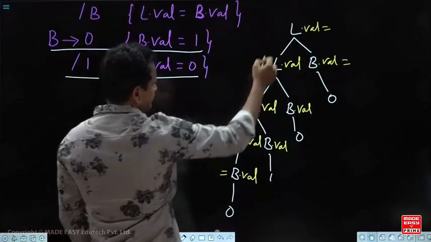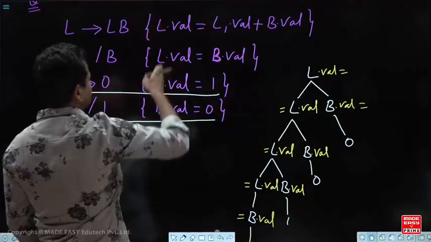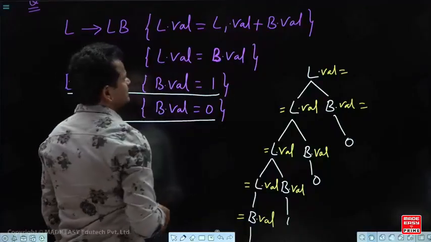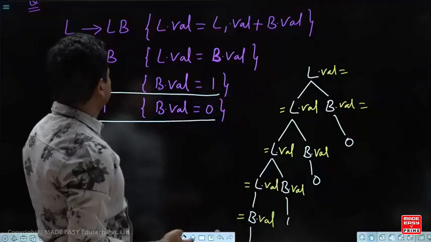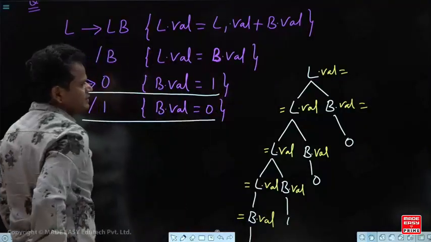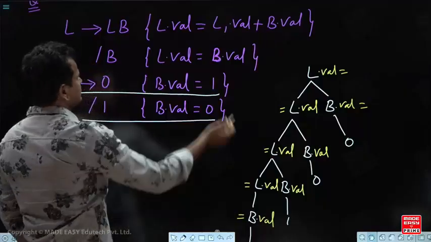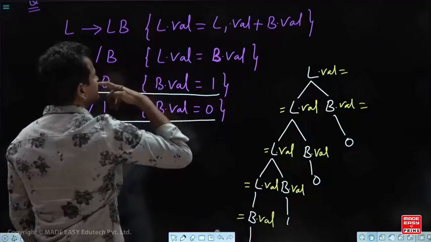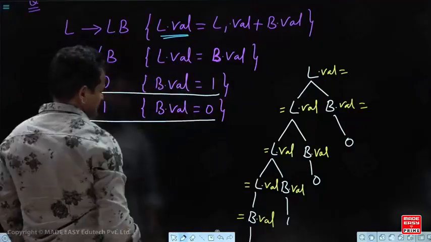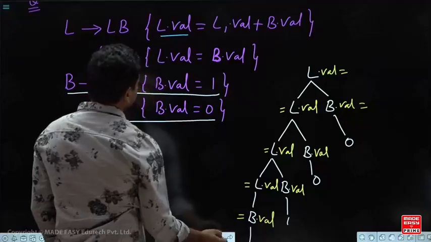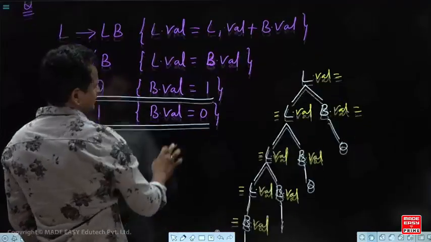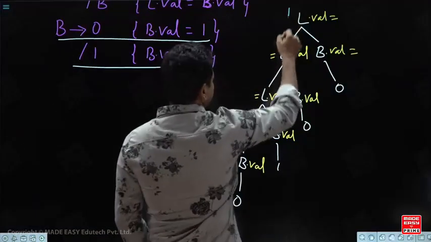One more thing, even though rightmost end, sometimes they may give you here B dot value equal to L1 dot value plus L dot value. So you just don't think that every time if it is the rightmost end, it is always given as a synthesized attribute. Even though rightmost end, it can be placed anywhere. So you have to look at this one. So this is parent, that is important, whether you are finding parent or child. Anyway, all these are parent values.